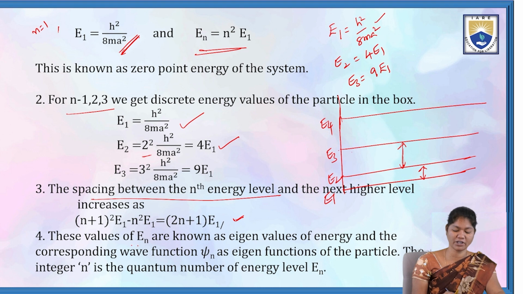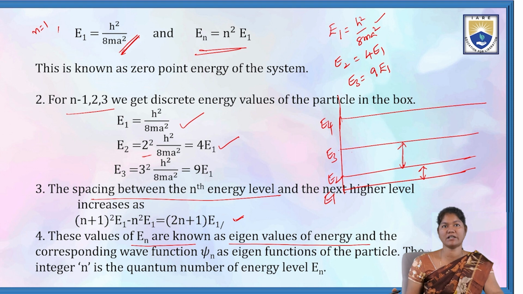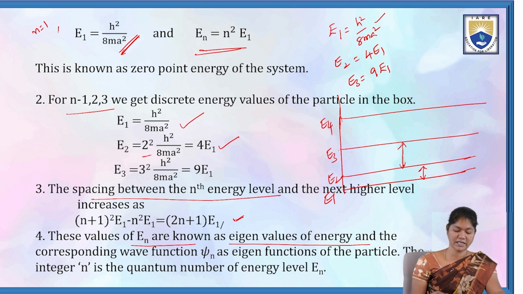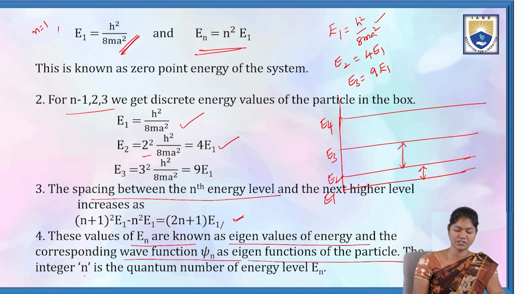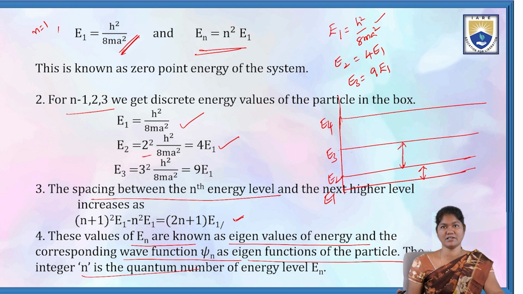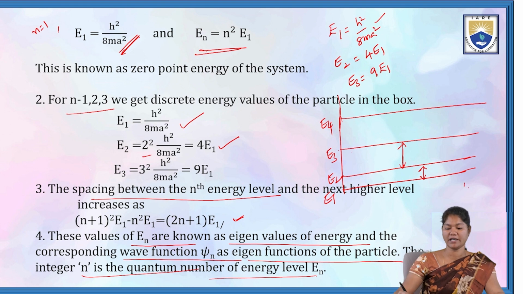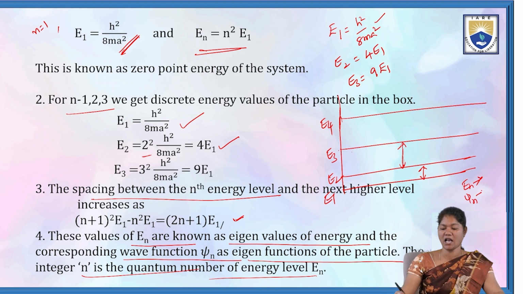These values of En are known as eigenvalues of energy, and the corresponding wave function psi n is called the eigen wave function of the particle.